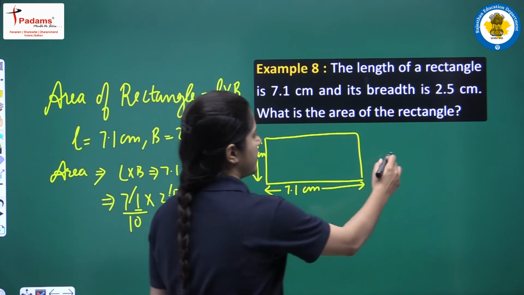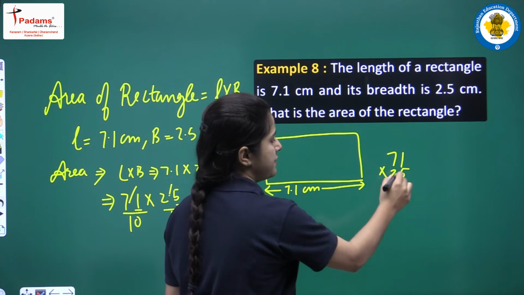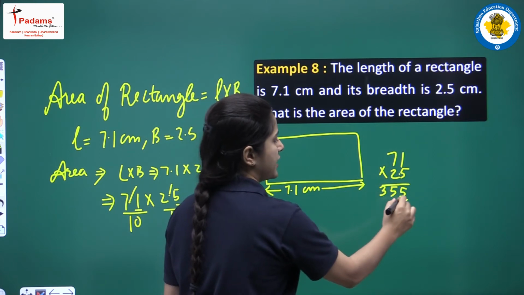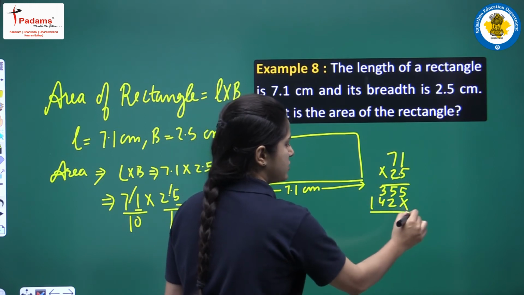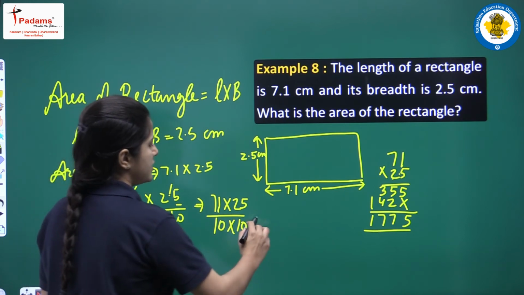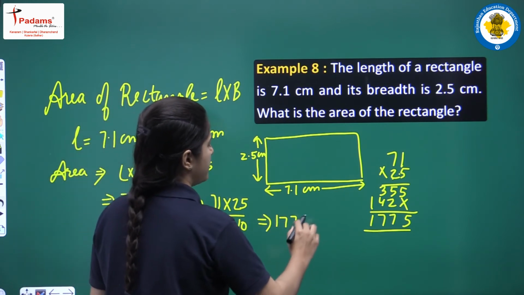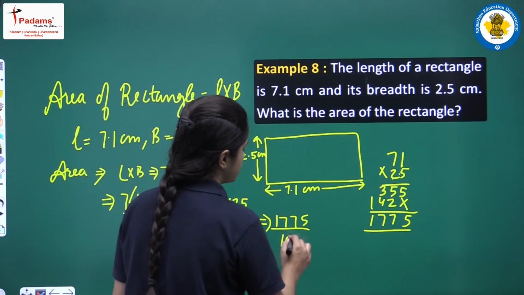Multiply 71 and 25. 1 into 5 is equal to 5, 7 into 5 is equal to 35, okay. 2 into 1 is equal to 2 and 2 into 7 is equal to 14, alright students. So the answer will turn out to be 1775, okay. So 1775 upon 10 into 10 is equal to 100, okay students.